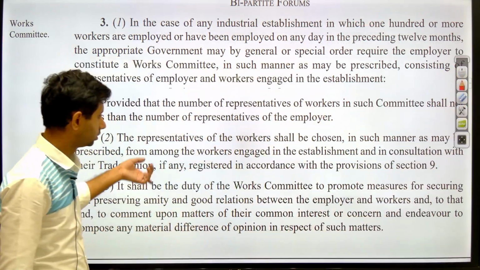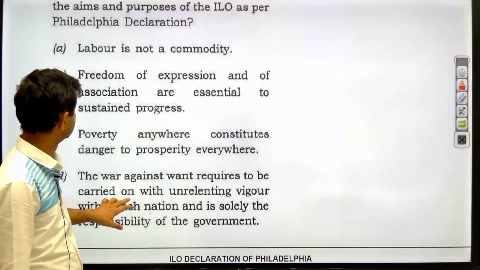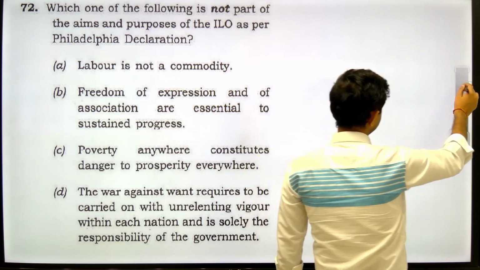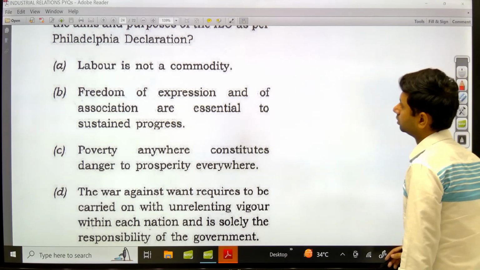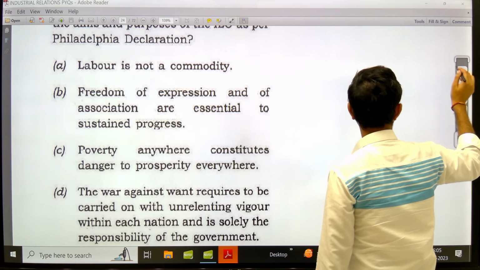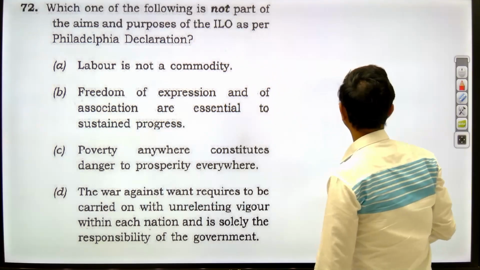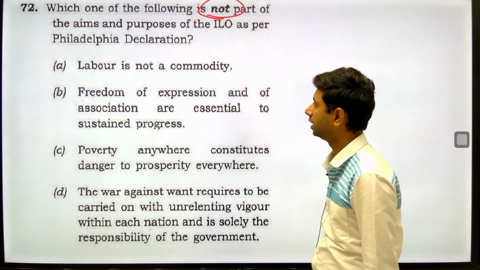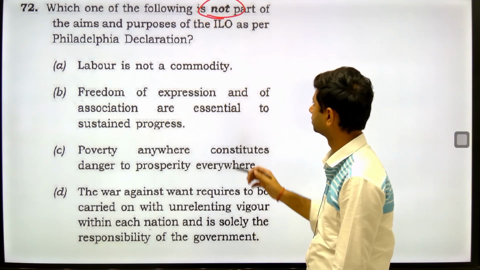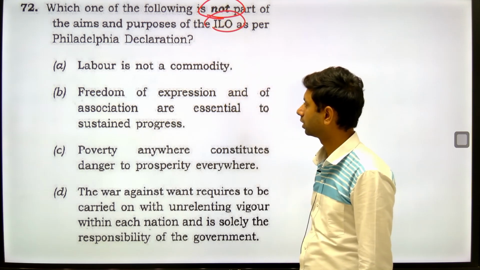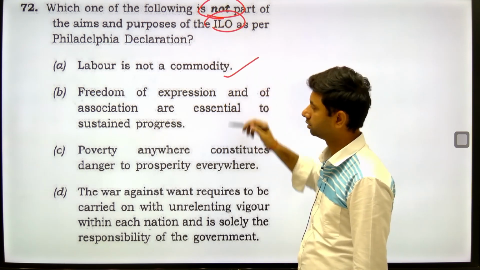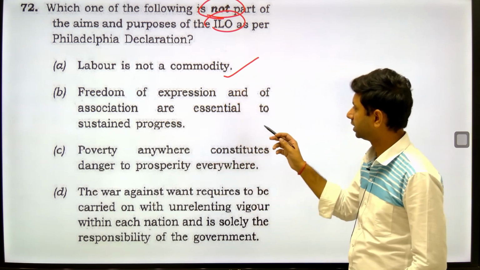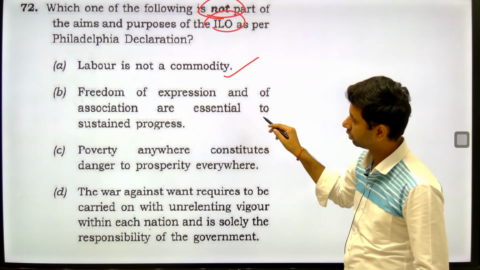Let's move on to the next question. Next is about the Philadelphia Declaration. Okay, so it actually asks which one of the following is not part of the aims and purposes of the Philadelphia Declaration. Okay, so labor is not a commodity, which is a positive aspect, so this should be correct. Freedom of expression and association are essential to sustain progress.